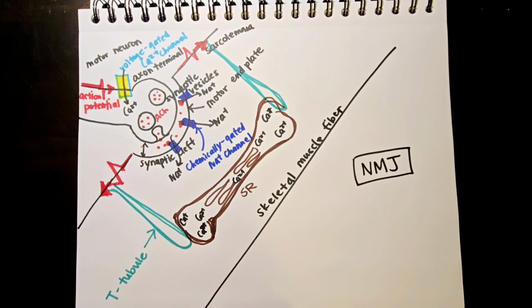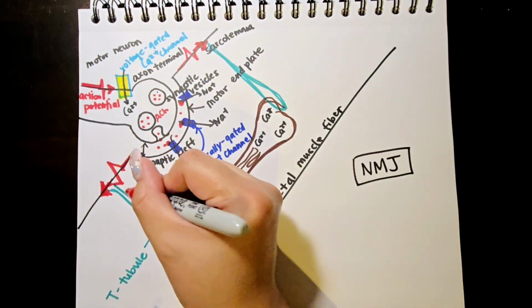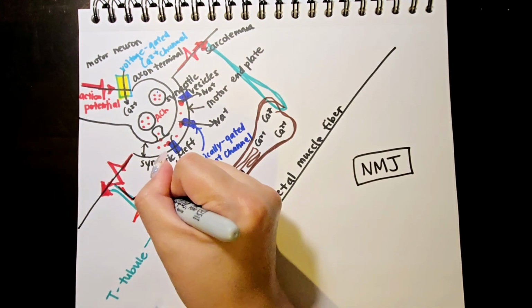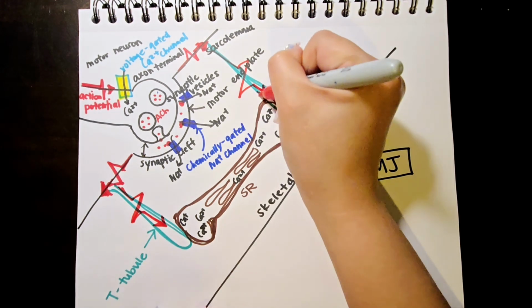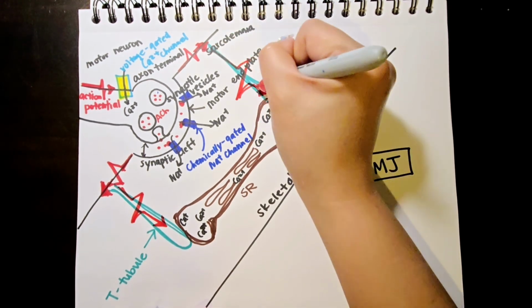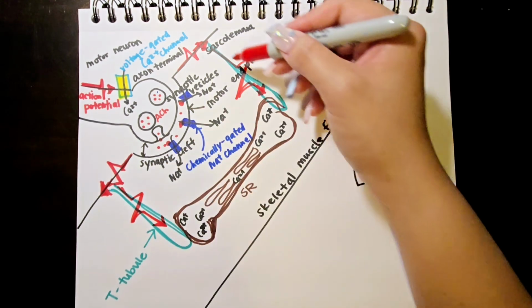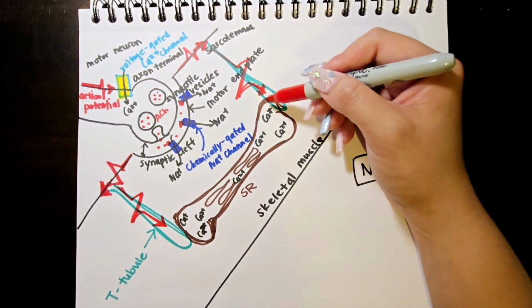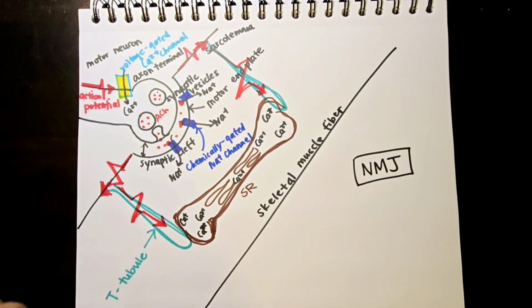Now, once we have action potential firing across the sarcolemma on the skeletal muscle fiber side, it travels down into the T-tubule. This action potential firing in the T-tubule is what will stimulate the SR to release the calcium.